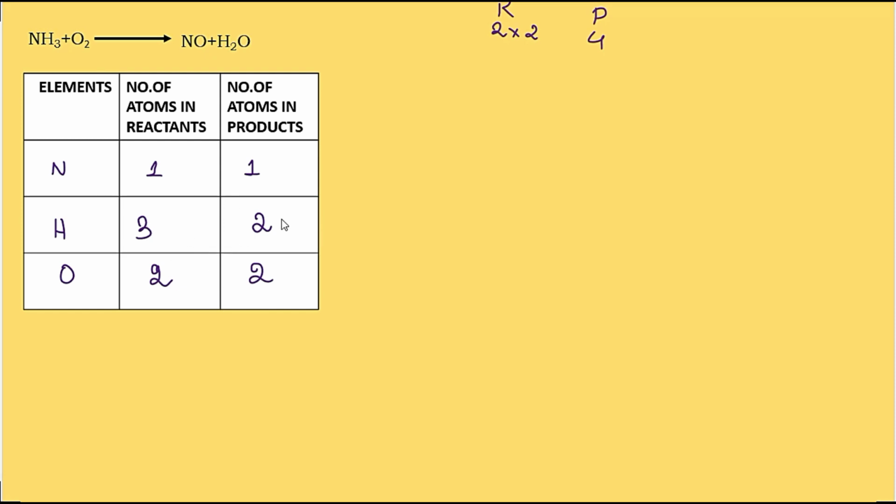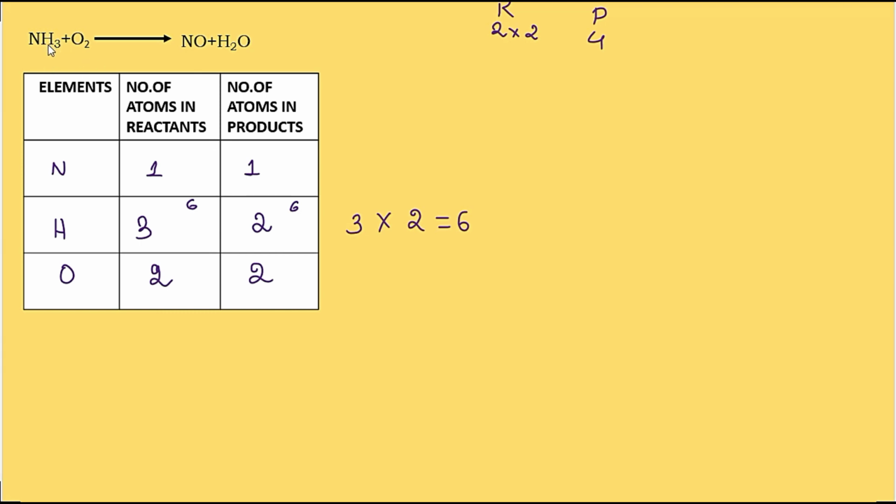You can make the number of atoms in reactants and products the same by multiplying the atoms in reactant, 3, with those in product, 2. So, 3 into 2 that is 6. If we can make the number of hydrogen atoms in reactant 6 and in product 6, then hydrogen will be balanced.